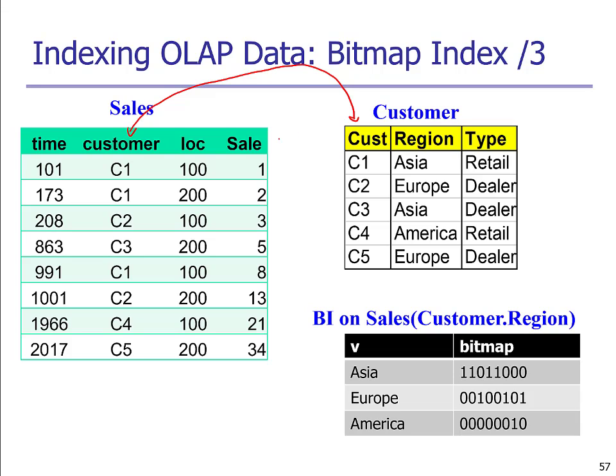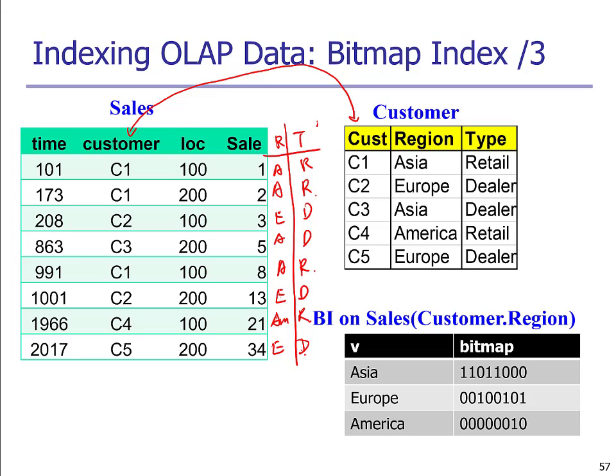After that, we would have, say, this is region, this is type. We would have this C1, so it's Asia retail. This is Asia retail, this is Asia retail, and so on. This is Europe dealer. C3 is Asia dealer. C4 is America retail and Europe dealer.